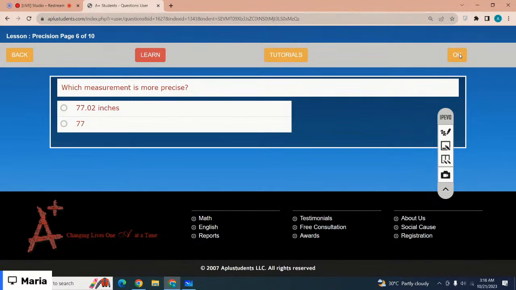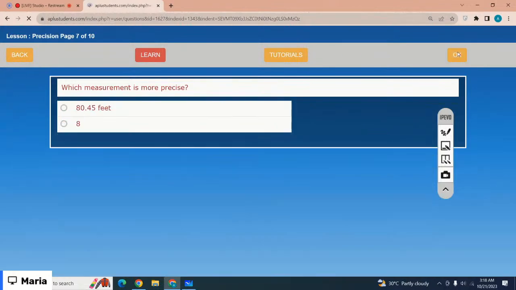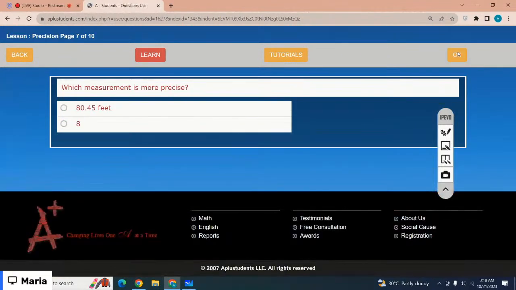The correct option is option number 1. Which measurement is more precise, 80.45 or 8?